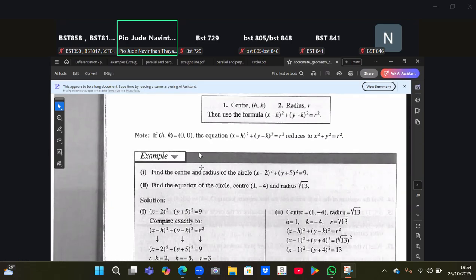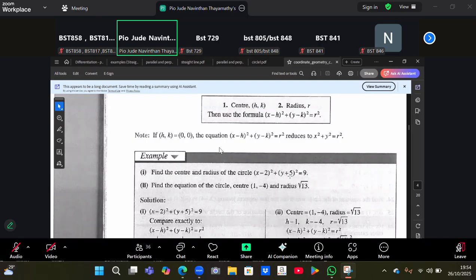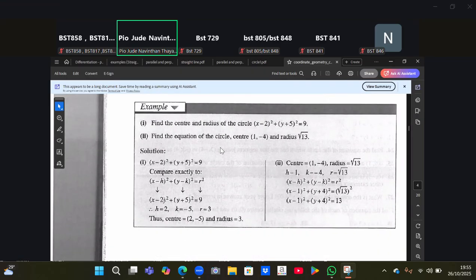Here, for example, find the center and radius of the circle. Center: x minus h, y minus k. Be very careful, right? X minus, your h is 2, comma, y minus, but here plus, therefore your k is minus 5.